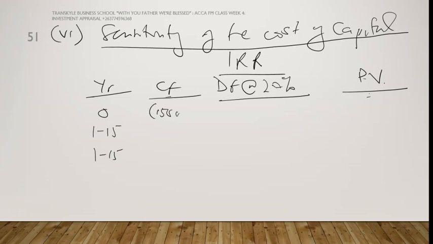The initial investment was 150,000, and the discount factor at 20% is 1 for year 0, obviously here 150.